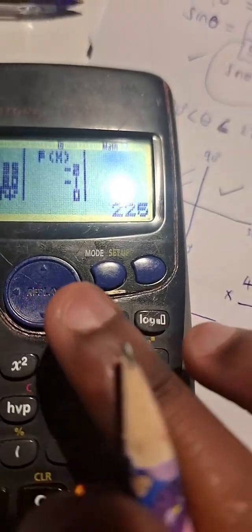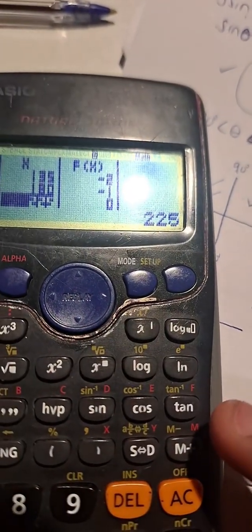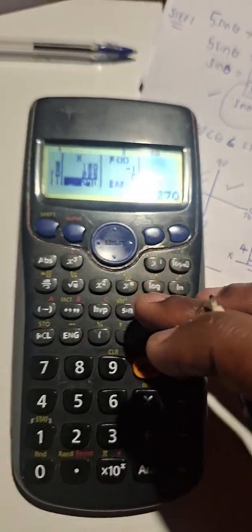Grade 10, guys, grade 10. 225 is 0. And then last but not least, 270 is error.